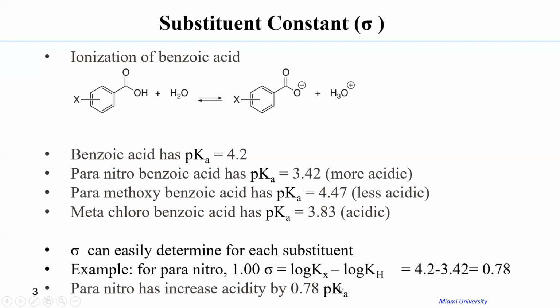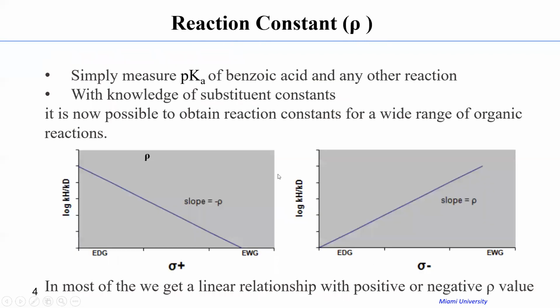And also from here, simply plotting the substituent constant against log Kx/KH on a graph, I can find the rho value, which is the reaction constant.